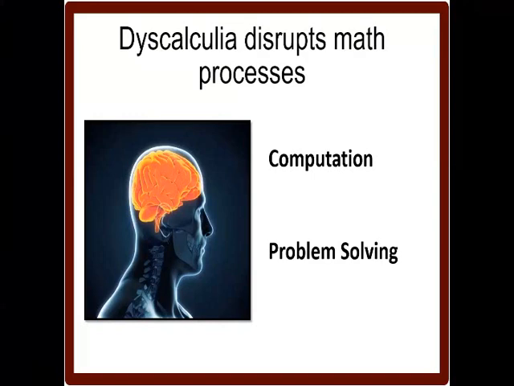But dyscalculia, or learning disability, is a neurological processing deficit in the brain. That means that it is intrinsic to the individual. Something happens in the brain, and there's a short circuit. And the way I like to explain this is you have information that comes in, and somewhere in your brain, it short circuits and it doesn't come out the same way.